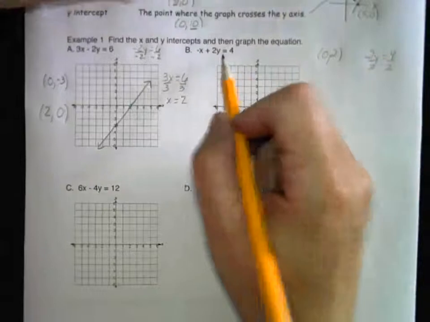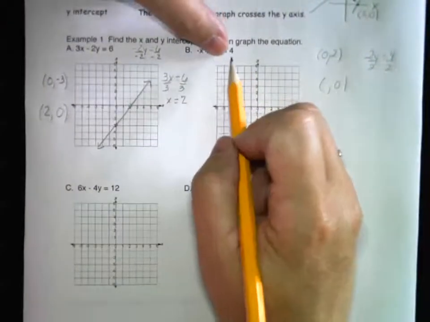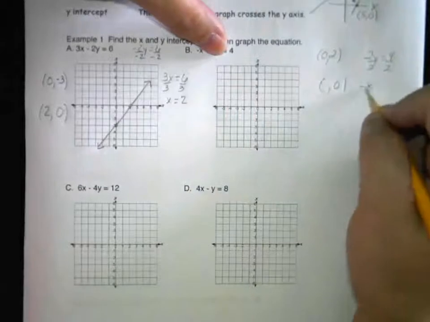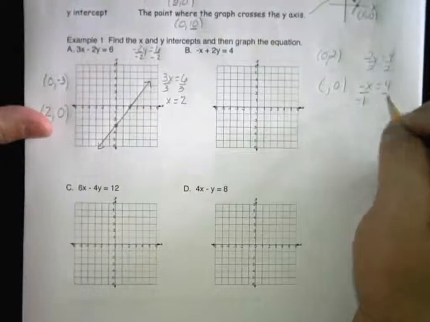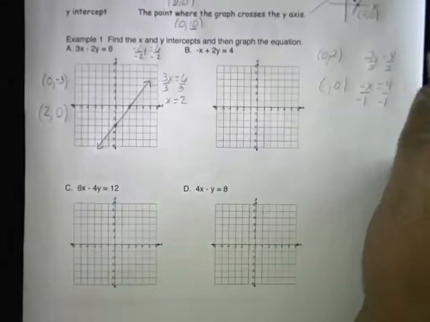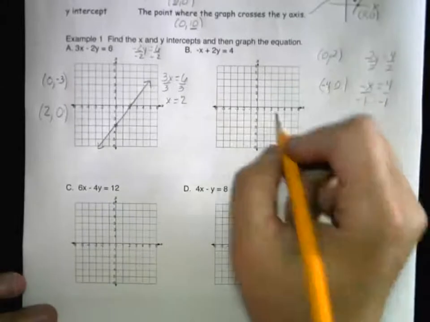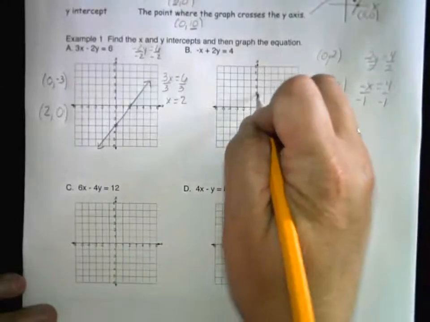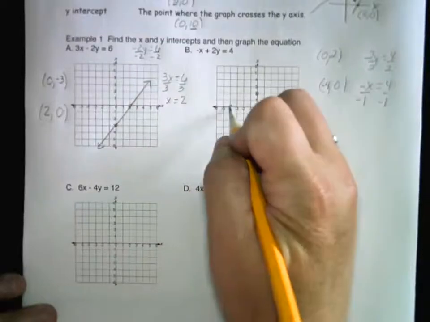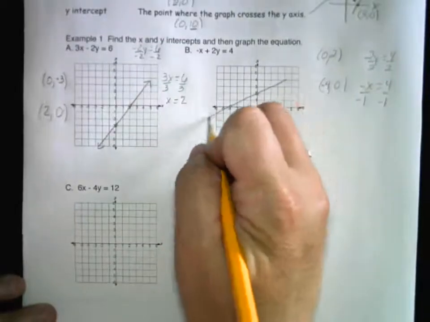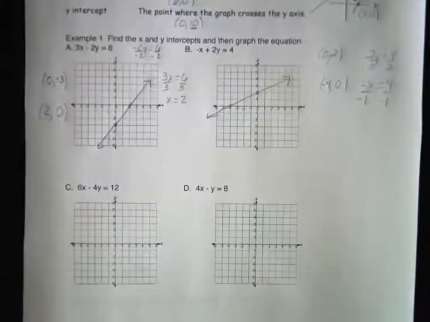And then if we let our y be 0, this thing cancels, and you have negative x equals 4, and dividing both sides by negative 1, 4 divided by negative 1 is negative 4. So we have the ordered pairs (0, 2) and (-4, 0), and your line looks just like that.